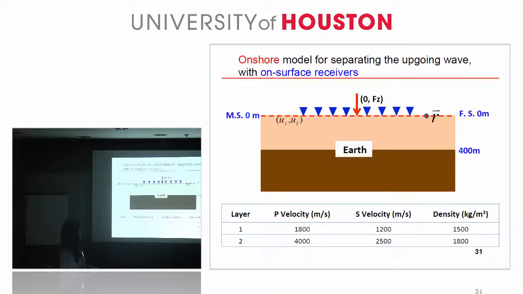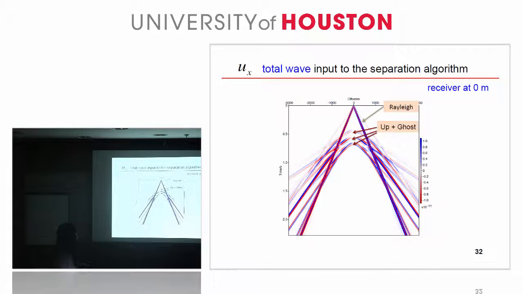And the second model is the same, except we locate the receivers on the measurement surface at depth 0. So we only show you the X component result at receiver depth 0. You can imagine the Rayleigh wave will have very strong energy and it dominates the energy of this data.